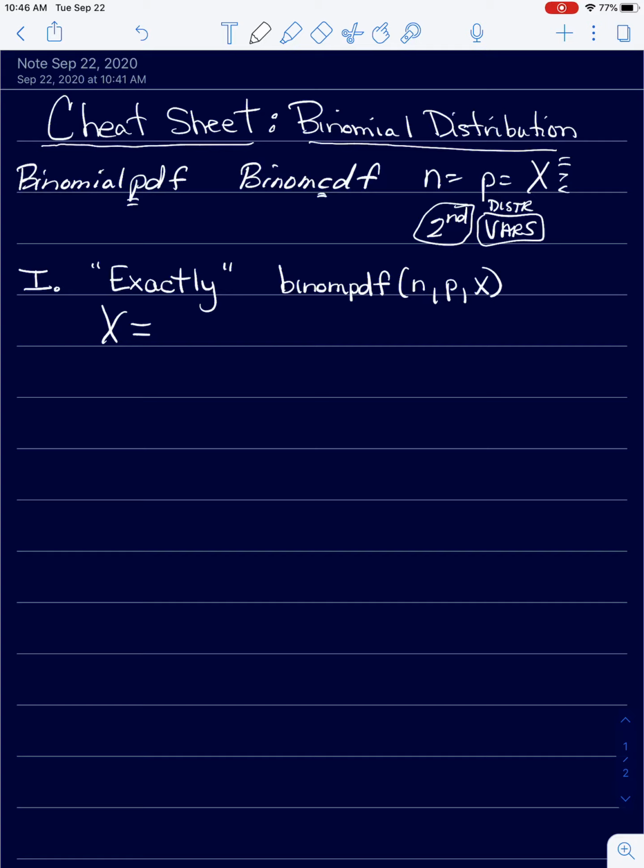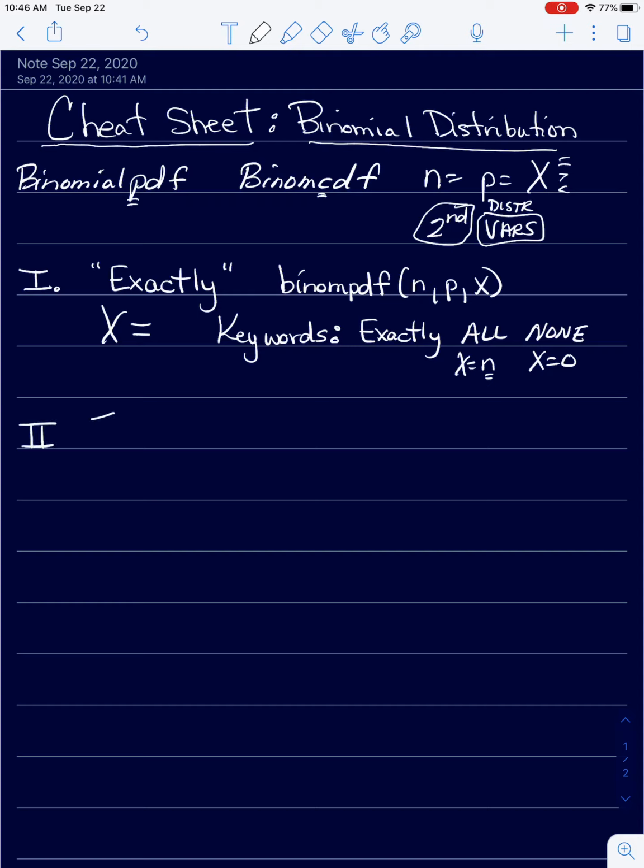Some keywords to indicate that we have a PDF or an exactly: well, exactly would be the big keyword. You can also use all, or it could be none. Because if it's all, it'd be like X equals whatever your N is or whatever they're talking about in the problem, and none is like saying exactly 0.